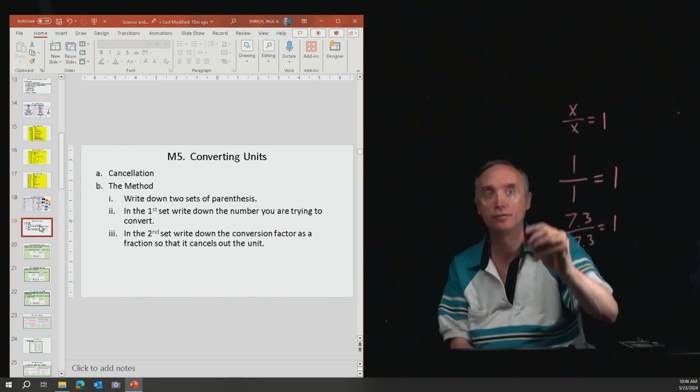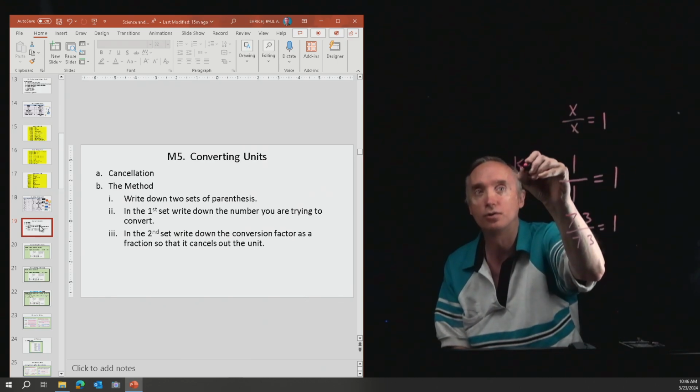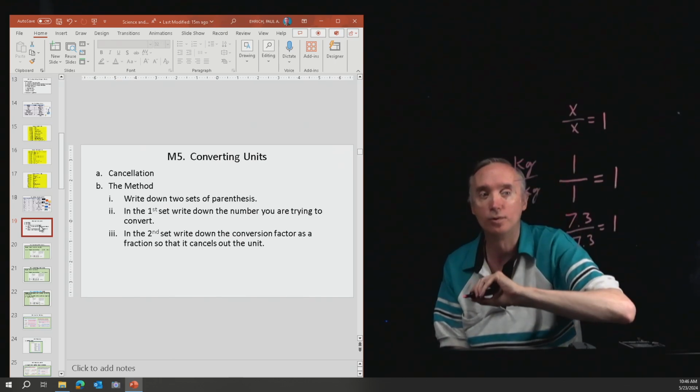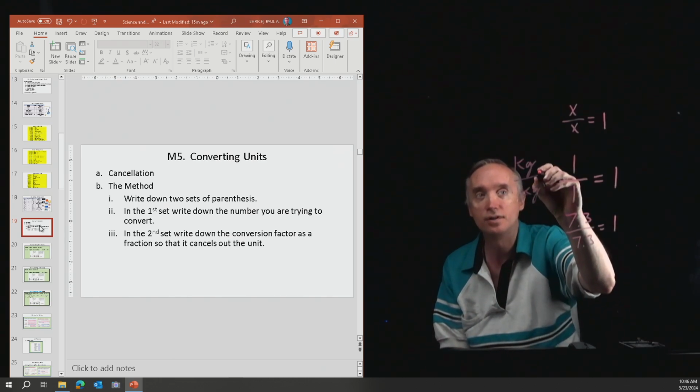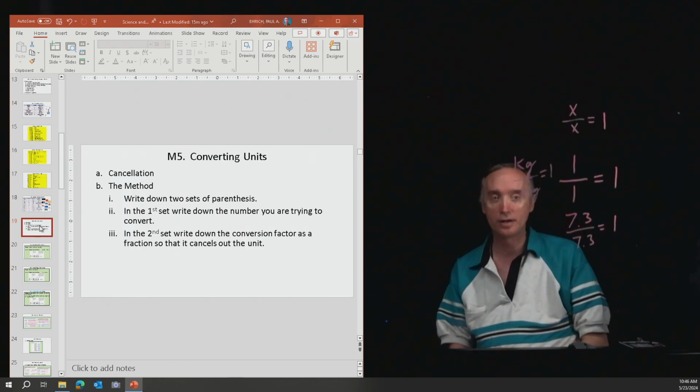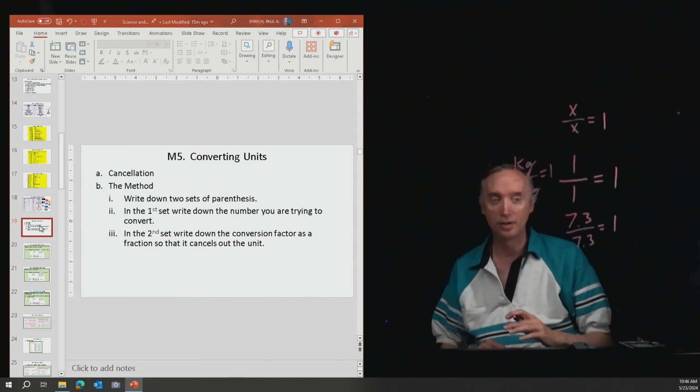What about a kilogram divided by a kilogram? It would still be a 1. So anything divided by itself, with the exception of 0, is going to be a 1. So that's what we mean by canceling.